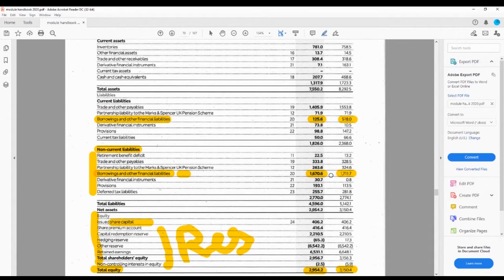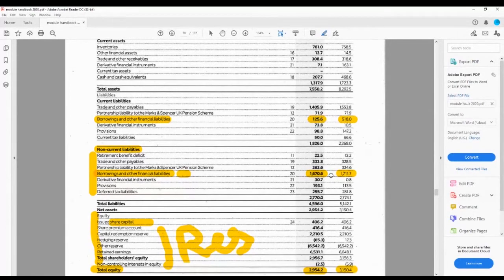So you borrowed 5 million for 5 years, and you need to pay 1 million after 12 months. That 1 million is a current liability, although you took it as a non-current liability. Basically, you don't use borrowings on the basis of name, but on the basis of why they were taken.